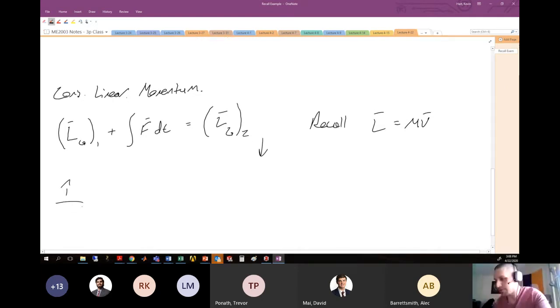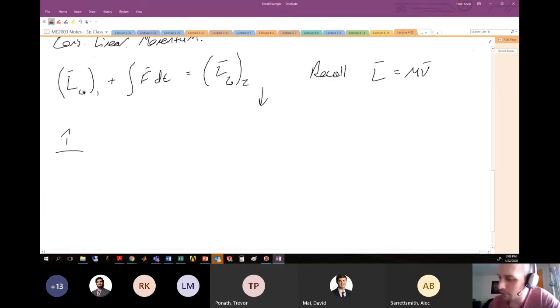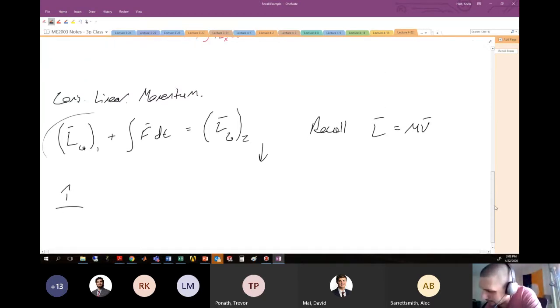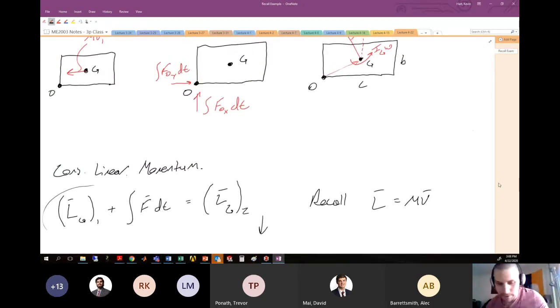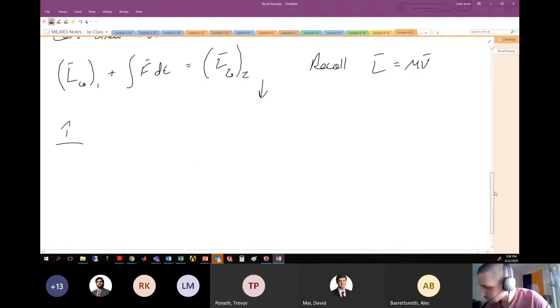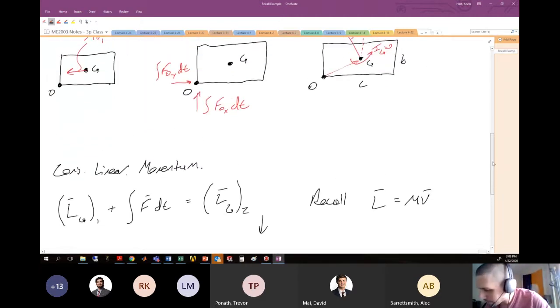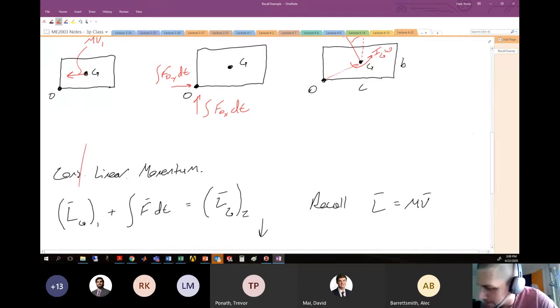So here is your conservation of linear momentum in I hat, LG1. So we have to look at the linear momentum components in situation number 1. So what we're looking at here is, what are my linear momentum components in this particular diagram?